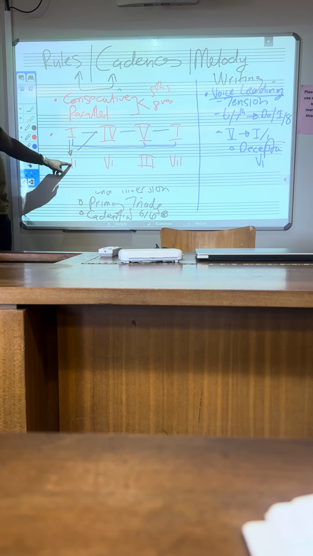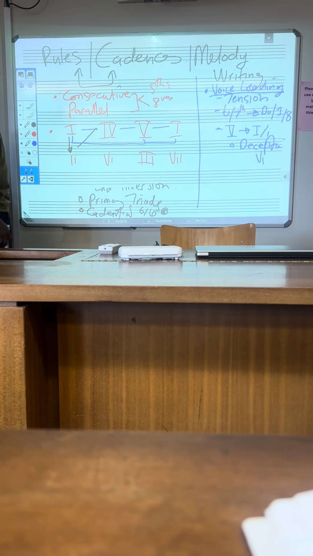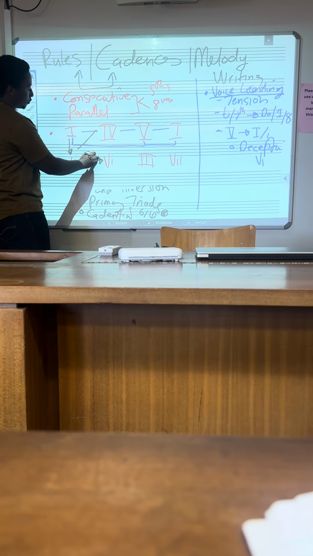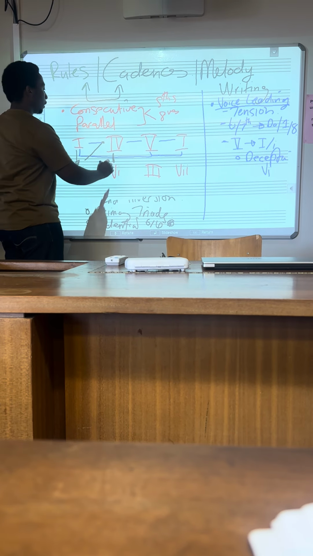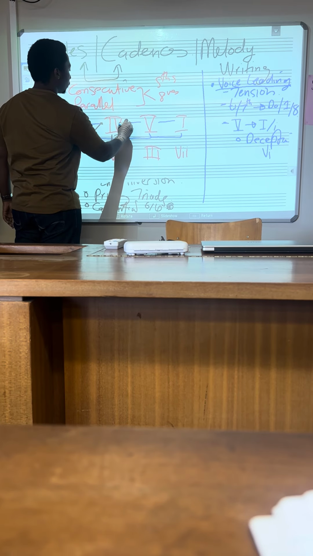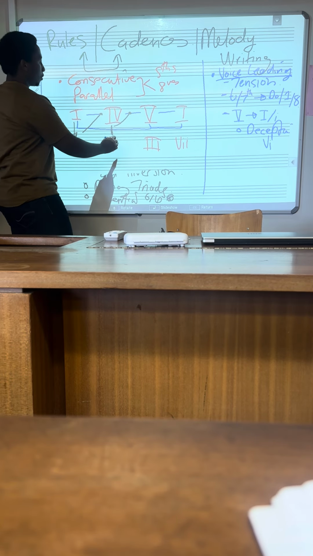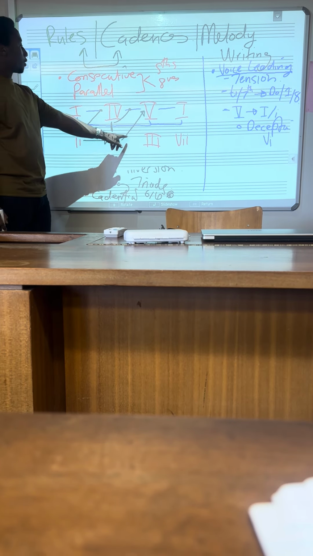So you can go 1, 2, and continue onwards. Or you can go 1, 2, go to 6, you can then go to 4, and from 4 you continue there. Or you can go this way as well, from 6 straight to 5.